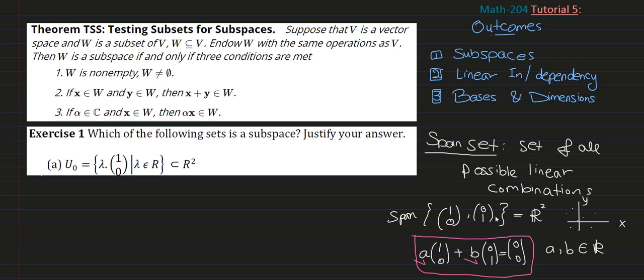How many vectors do you think the span set includes? If a and b belong to the set of all real numbers, they can be any value, and therefore it includes an infinite number of elements that can be vectors, matrices, or polynomials. These are mainly the elements that linear algebra is interested in.